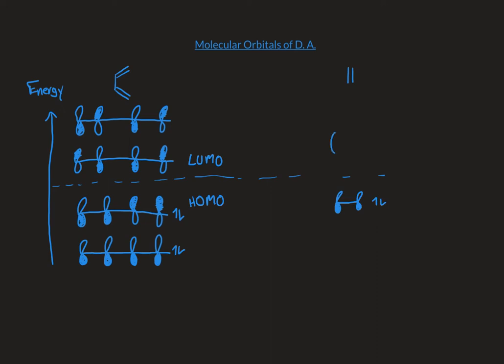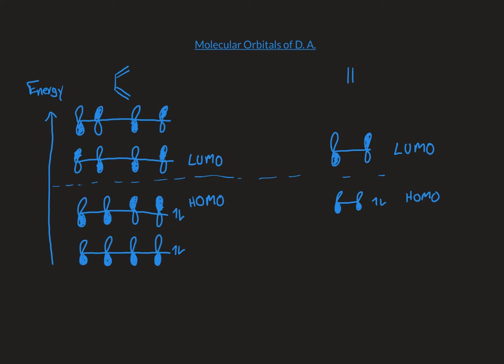The second one has 1 node between the 2 atoms, and this one is unoccupied, making the lowest energy orbital the HOMO, and the highest energy orbital the LUMO. In order for a bond to form, you have to have the highest occupied molecular orbital of one structure interacting with the lowest unoccupied molecular orbital of the other.